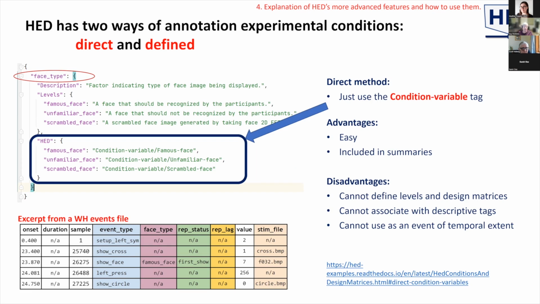In particular, it doesn't allow you to extract directly the design matrices. And you can't really say with this what those conditions mean. So there's another way of doing this with the defined, which does allow that. And I'm going to talk about that next.